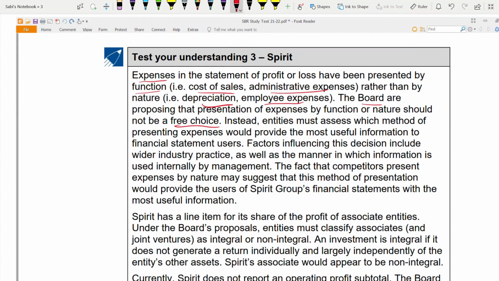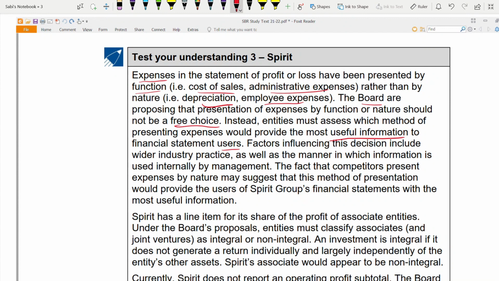When you are presenting any expenses, you have to first see, if you present under function or under nature, which one of the two is giving the most useful information for the financial statement user. You have to see from this angle and then decide. This is your deciding factor. If presenting by nature gives more useful information, then choose nature. If it's by function, then choose function.